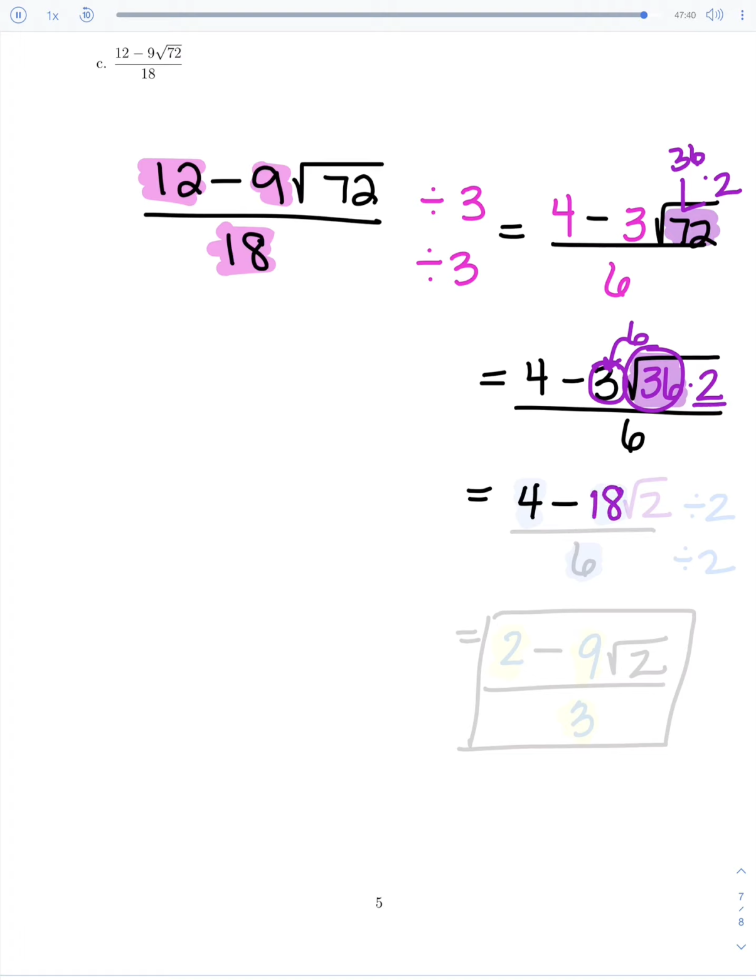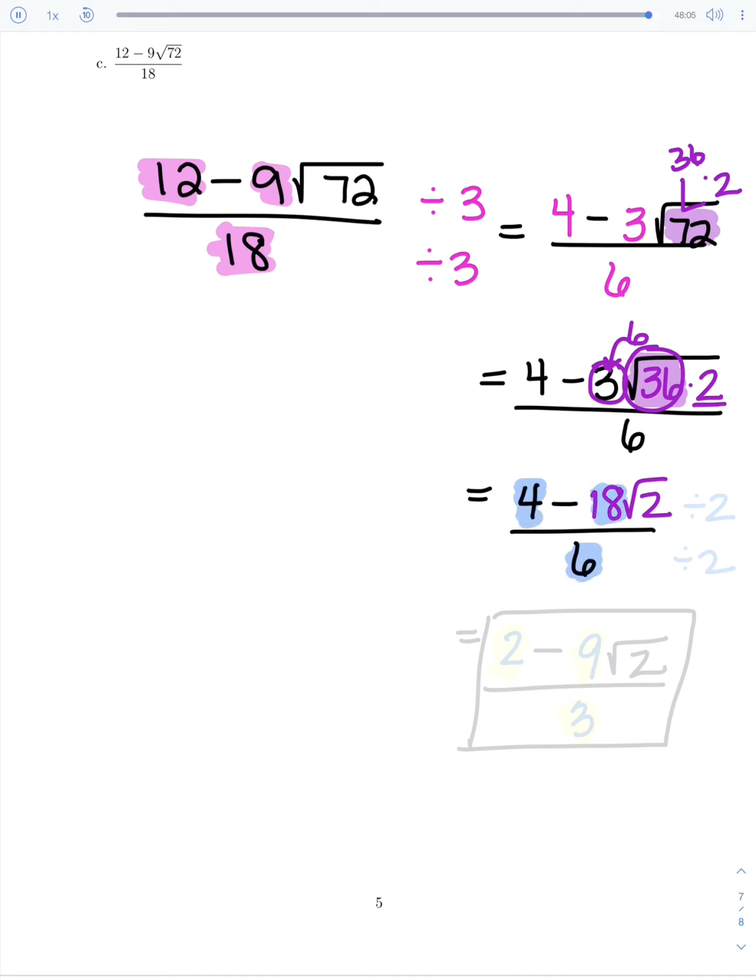We are still stuck with this 2 because you cannot take the square root of 2. It will stay inside, all over 6. Now you're almost done because what happens now is I still have a bunch of terms that are again divisible by something. We've got a 4, an 18, and a 6.